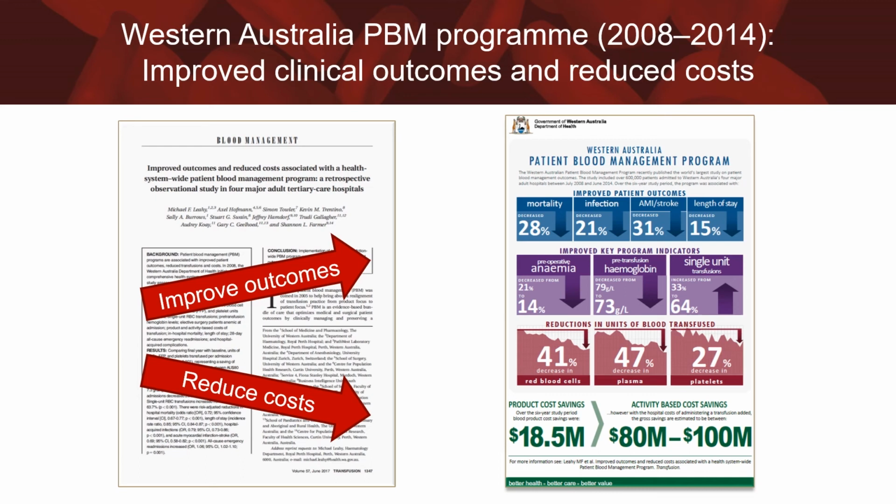There were major reductions in units of blood products transfused, including a 41% reduction in red blood cells, 47% in fresh frozen plasma, and 27% reduction in platelets. This was associated with a product cost savings of $18.5 million and activity-based cost savings of $80 to $100 million.